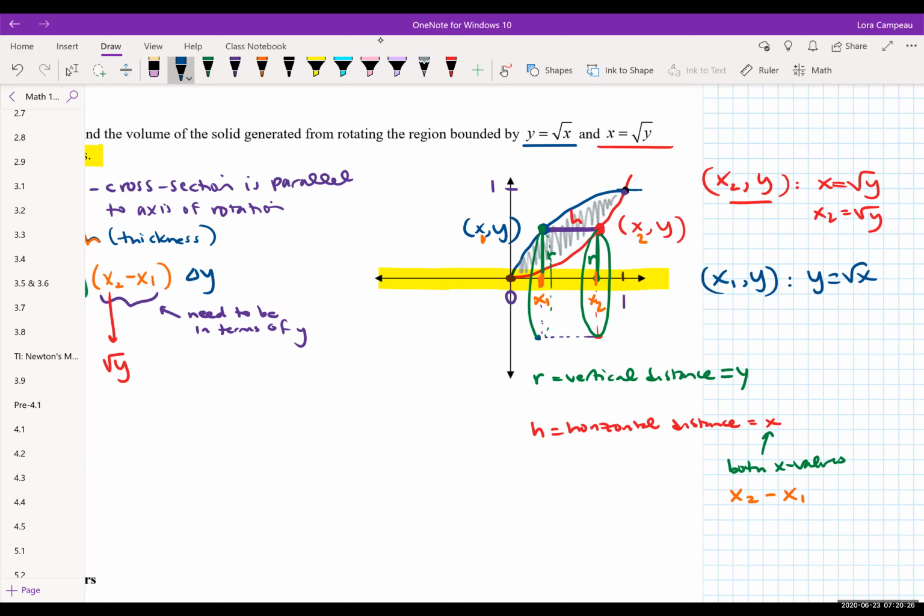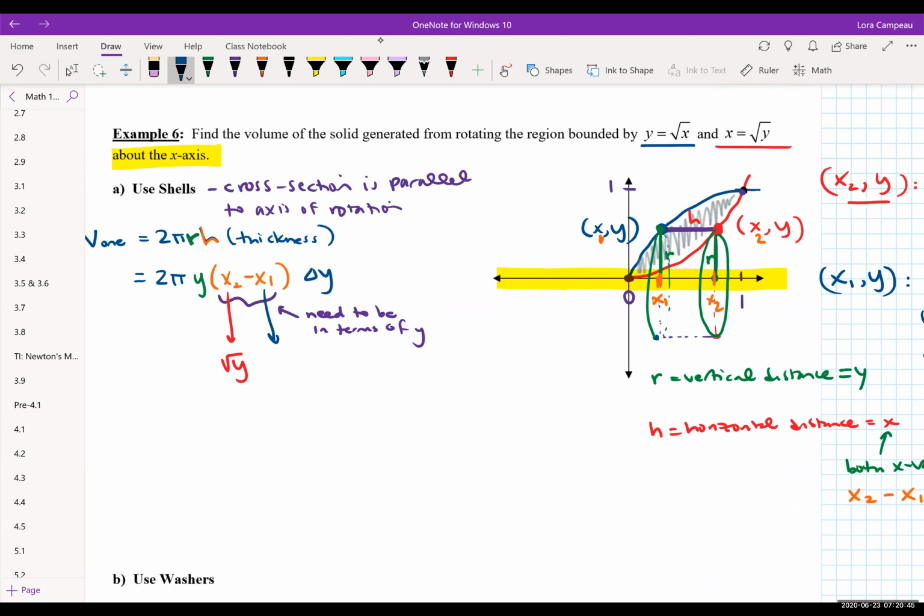What is that? y equals square root of x1. Who's x1? Square both sides, so we should get x1 equals y squared. So that's going to get replaced. Don't forget, we still had the minus sign, and we were trying to make everything in terms of delta y.